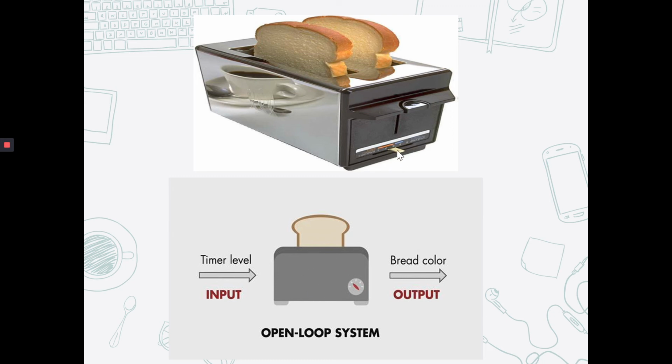This is the timer. The toaster does not measure the color of the toast. It does not correct for the fact that the toast is white, brown, or burnt. Nor does it correct for the fact that toast comes in different thicknesses.